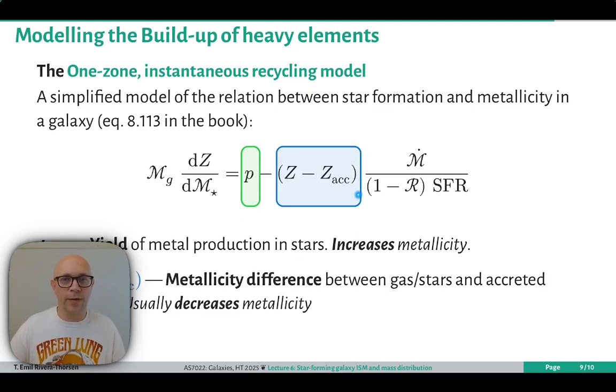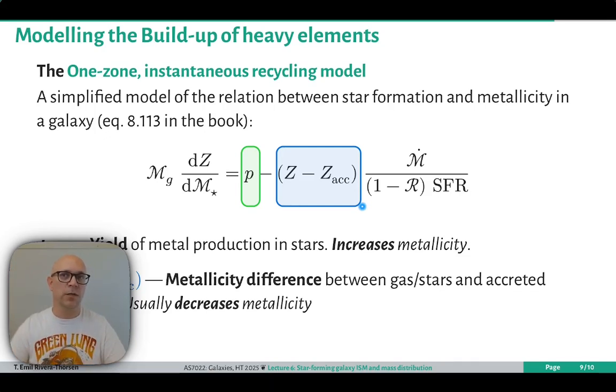The next thing we have here is the metallicity difference between the gas and stars in this system and accreted material, because we're looking at a galaxy that is in contact with its environment, and it can accrete pristine gas from the intergalactic medium. This pristine gas will, of course, fall down onto the galaxy.